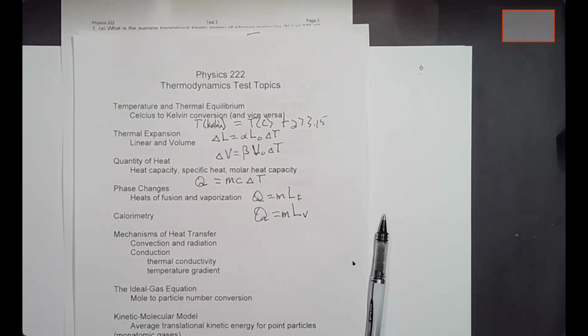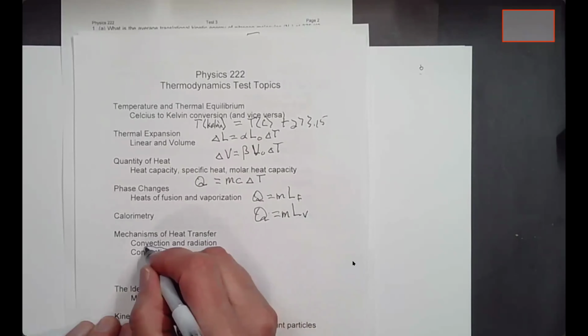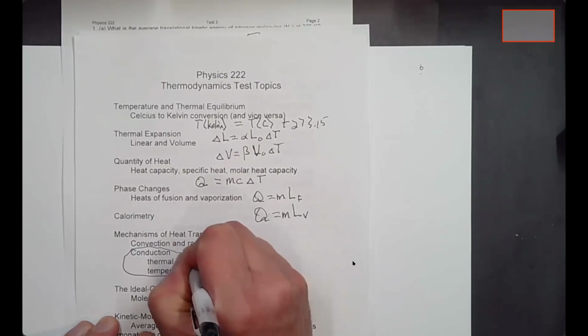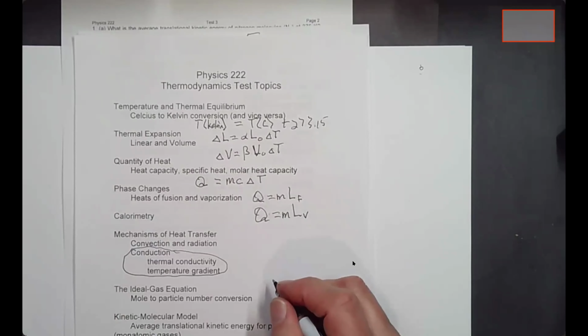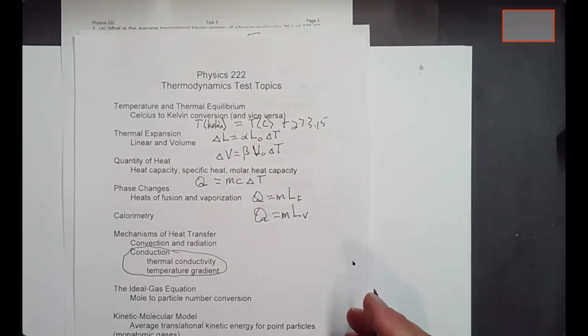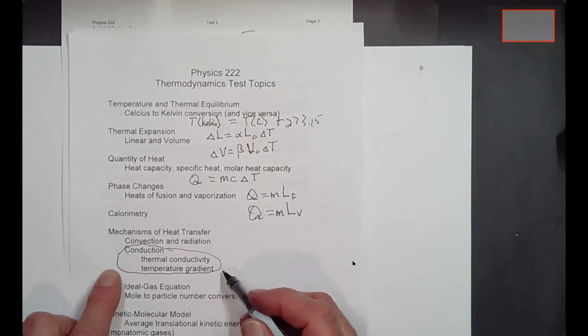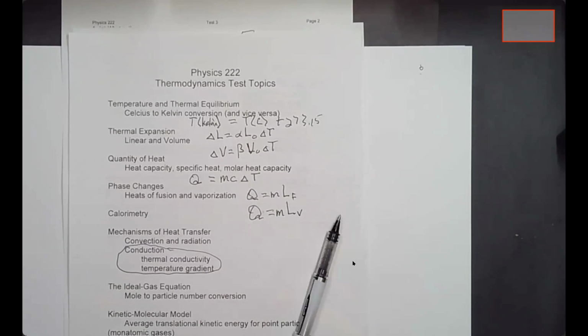We were only concerned calculation-wise with conduction, and that was the rate at which heat flows through something. Conduction happens best in solids, but it also goes on in gases and liquids. It's more efficient in solids, and you can think of it as atom to atom contact.